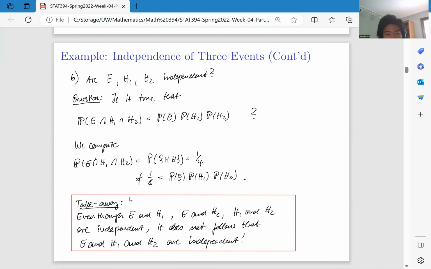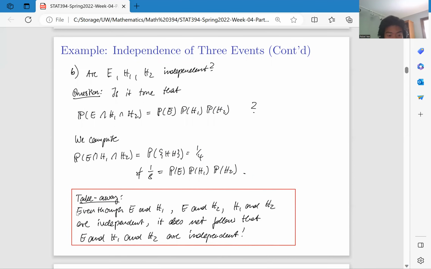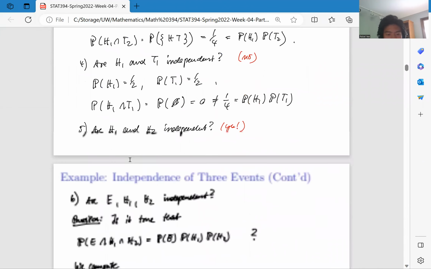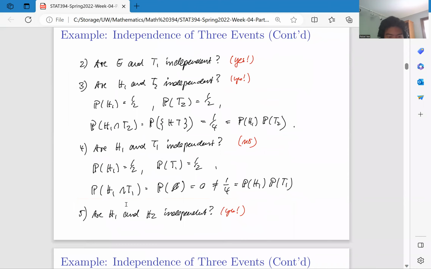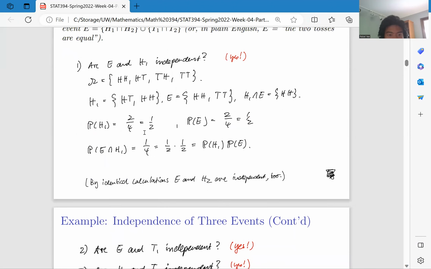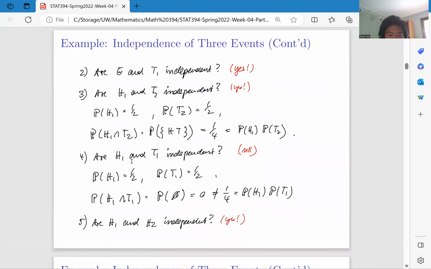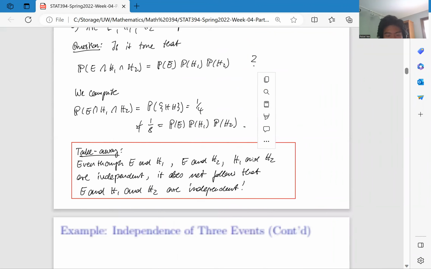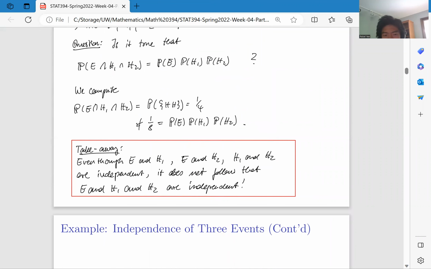And there's a small note here. H1 and H2 are independent, which we have proved before. E and H1, E and H2 we have not proved, but we can prove that. The only question left is E and H2.